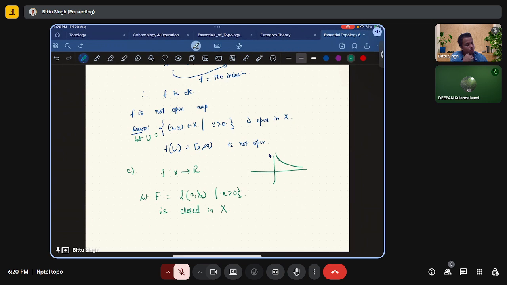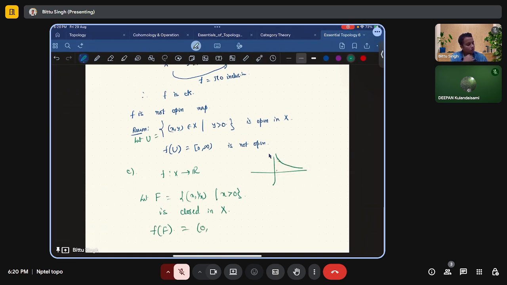So though this is closed, the image of f will never touch the origin, right? Project everything here, so it can never touch the origin. It is open, 0 to infinity, and this is not closed in the real numbers, in the image codomain.